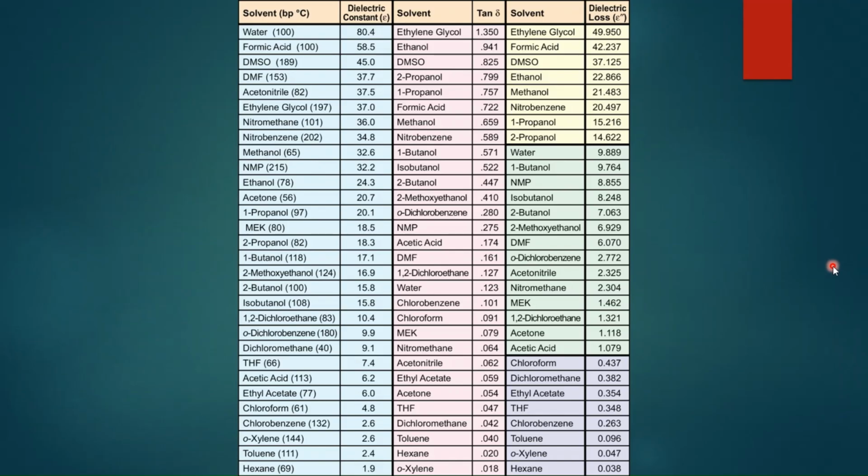Next, solvent selection plays a very important role in microwaves for the reaction to occur. It is not just the thermal effect; we can also see the additional solvent effect in the reaction.